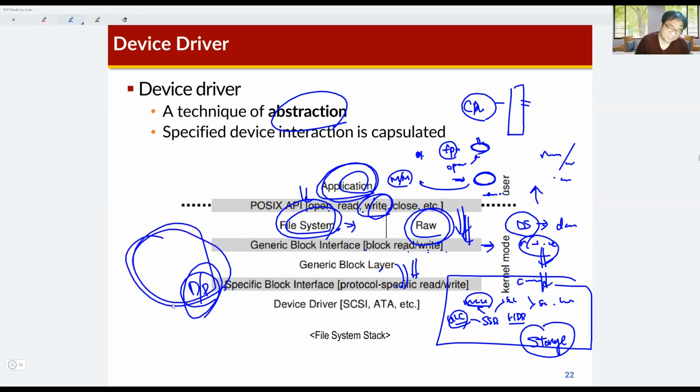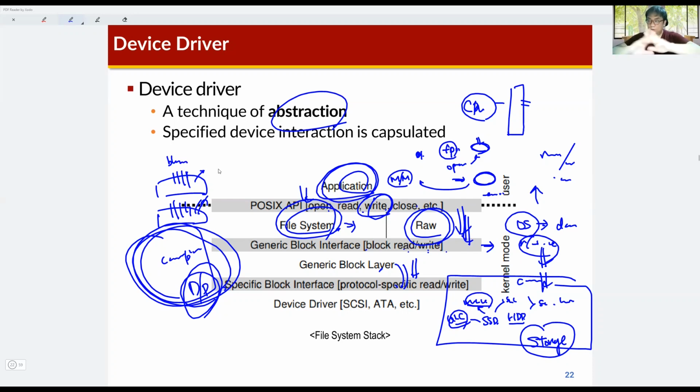Actually the inside of these devices is very complex, but only the required interface commands are supported. So these different interface commands are also translated into very simple block-based commands. So this is the abstraction. And based on this abstraction, the storage system is managed by the operating system.